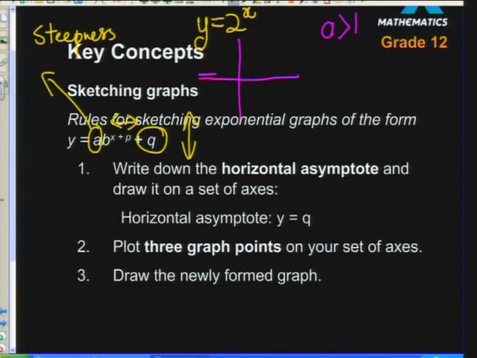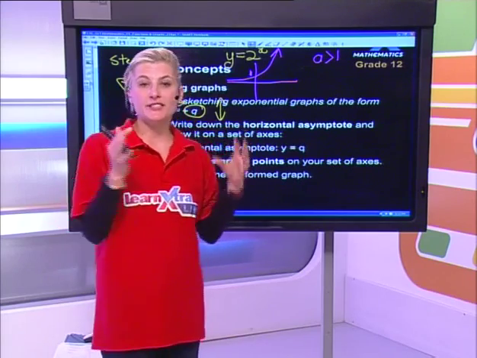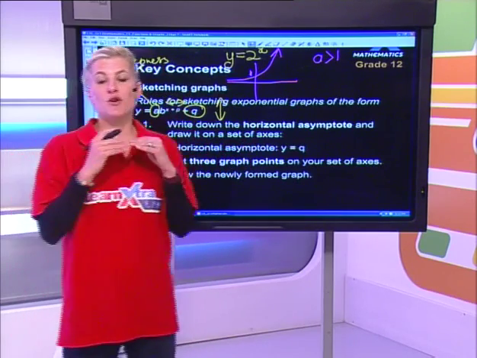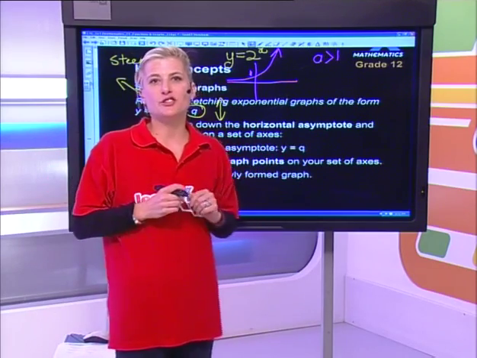It's going to get very, very close to the x-axis, and then it's going to increase quite rapidly. That's the basic curve that we're looking at. That y-intercept over here is at x is 0, y is 1. Now, in the case of this basic graph, you have got a horizontal asymptote, and that is your x-axis.